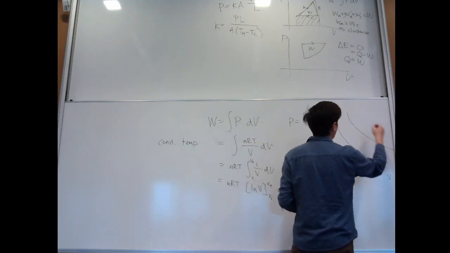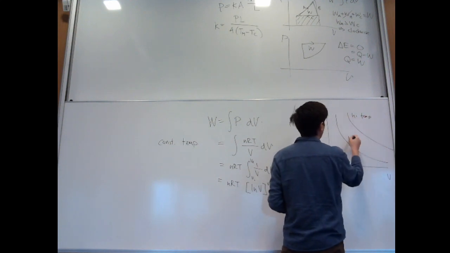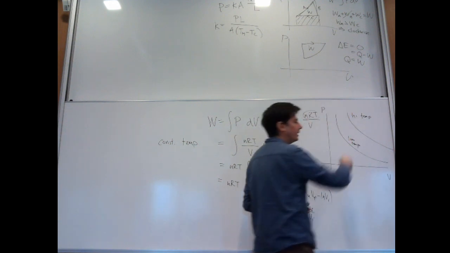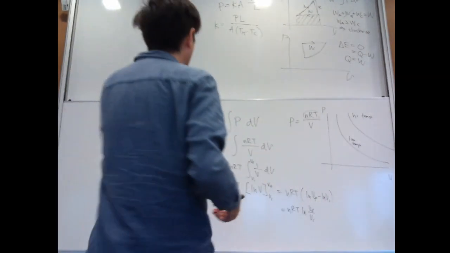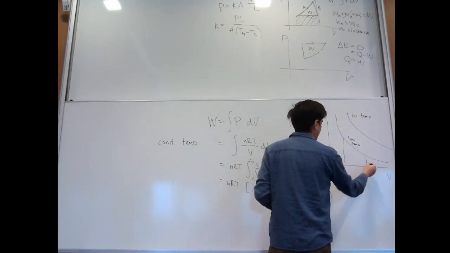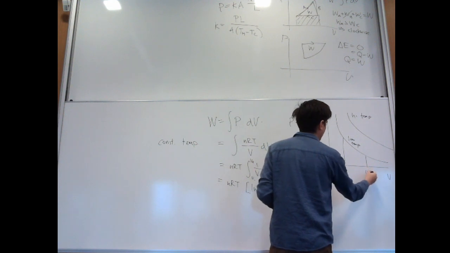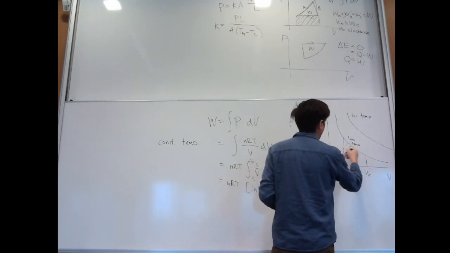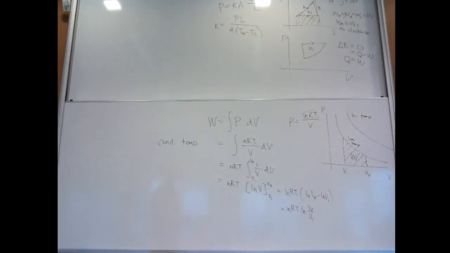So this would be high temperature, and this would be a low temperature. These are so-called isotherms in this PV diagram. And so what we've just done here is to integrate, for example, some region here. This is the initial volume, final volume. This will be the work done by the gas for an isothermal process.